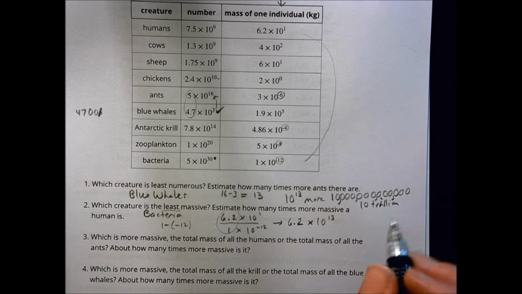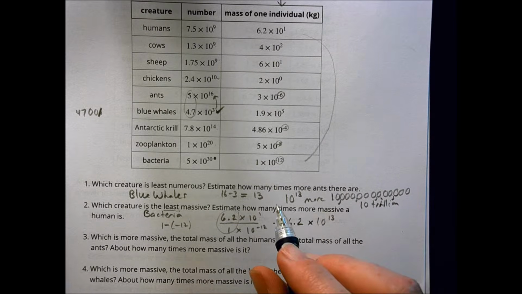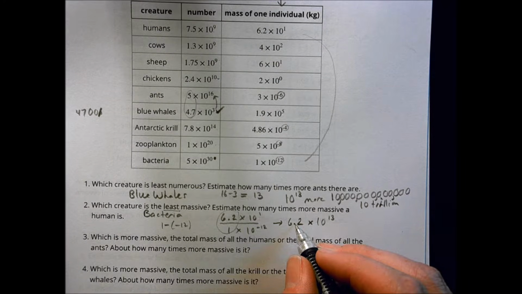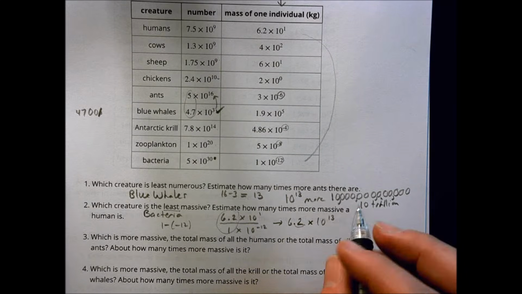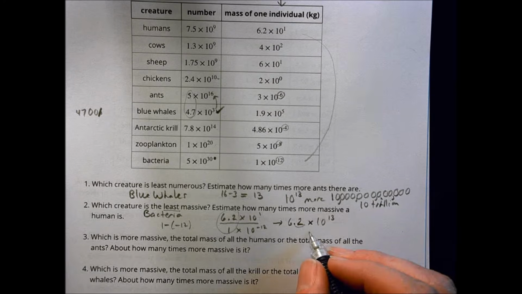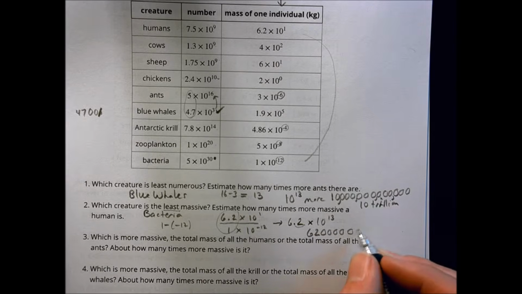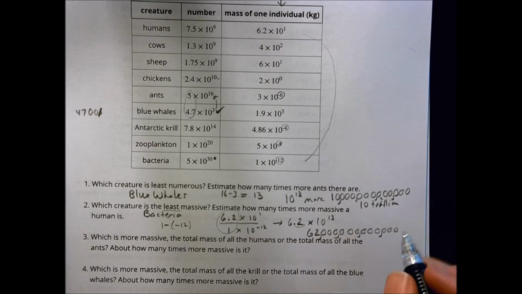So in terms of how much larger a human is compared to a bacteria, let's say, similar idea, this is going to be moving over to 62, or 62 with 12 zeros: 1, 2, 3, 4, 5, 6, 7, 8, 9, 10, 11, 12. And so once again, what are we looking at? We're talking about 62 trillion times more. Well, that's a whole lot more.